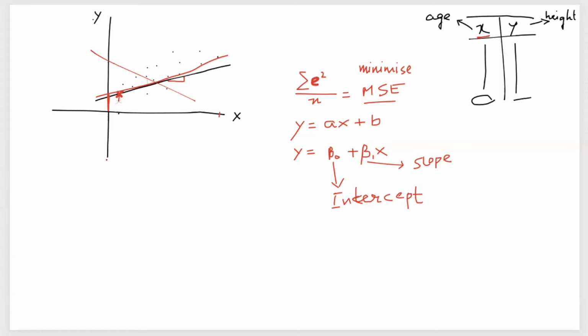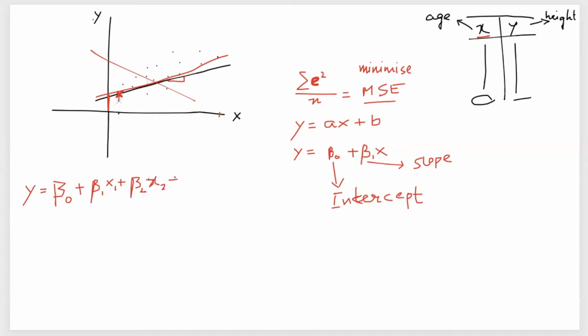Then our linear regression equation becomes y is equal to beta 0, we will still have only one intercept, plus beta 1 x1 plus beta 2 x2.